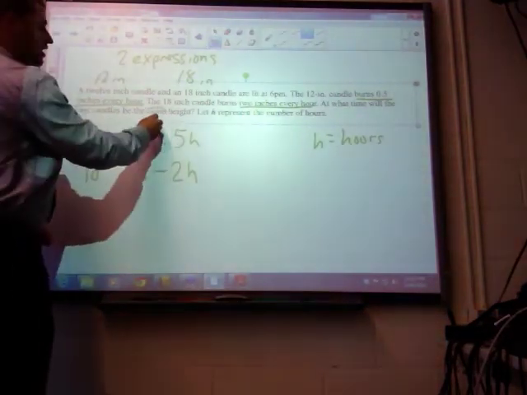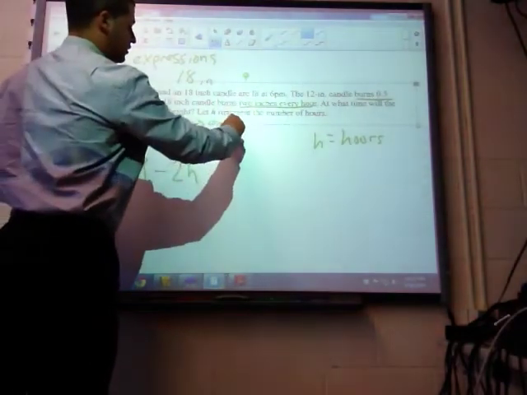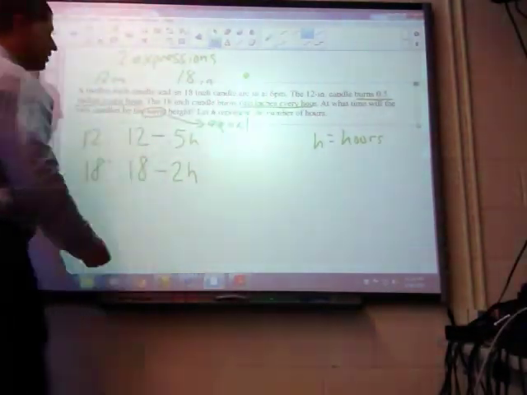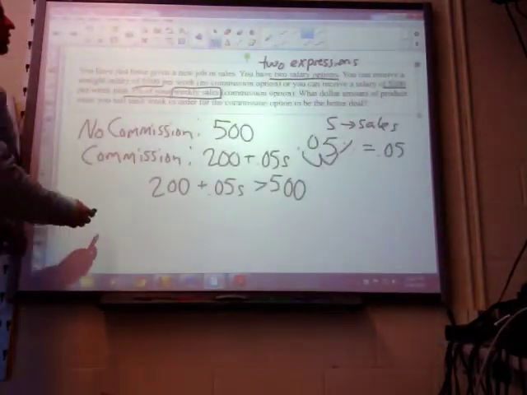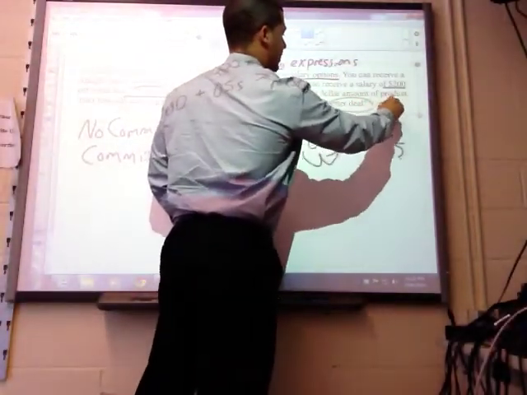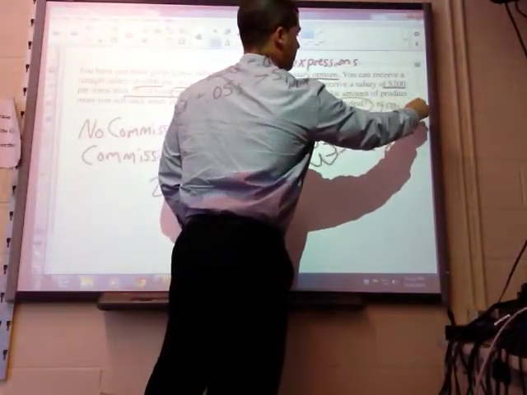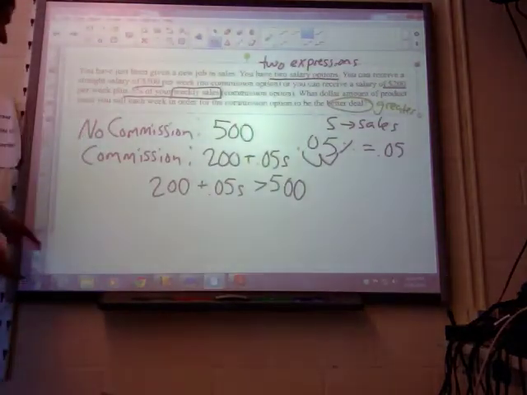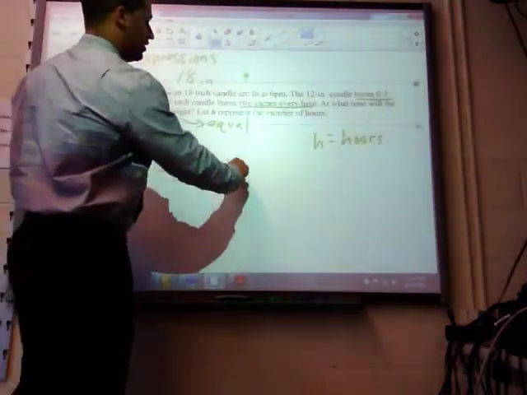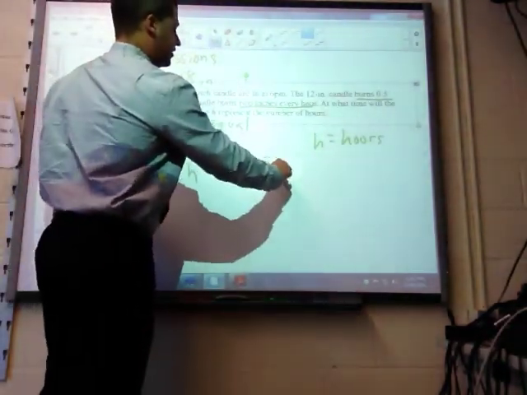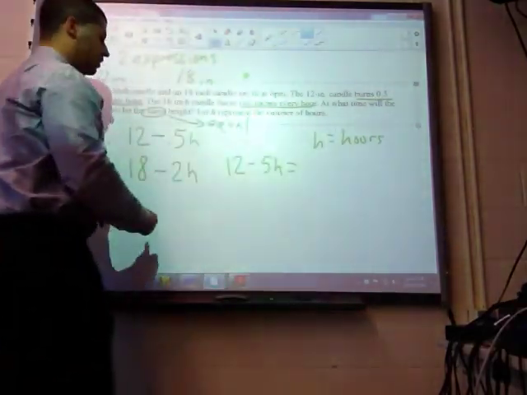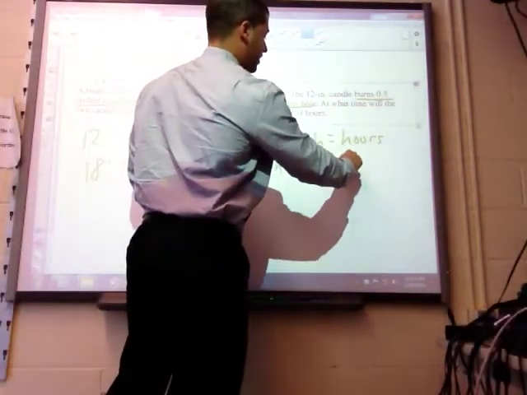And then we want to figure out when they'll be the same height. So if this is the same, that means equal. Unlike the last one, which was better deal, which means greater, we want to set these equal. So we say 12 minus 0.5H equals 18 minus 2H.